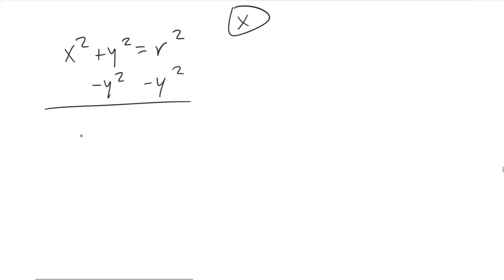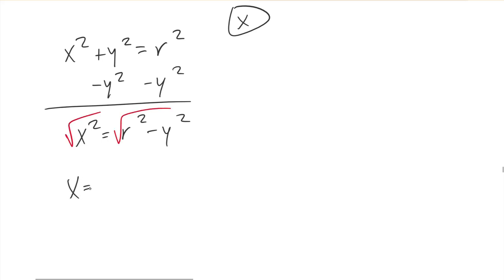Let's do some more here. So problem 30 says x squared plus y squared equals r squared, and we want to solve this for x. So subtract y squared, and we get x squared equals r squared minus y squared, and take the square root.